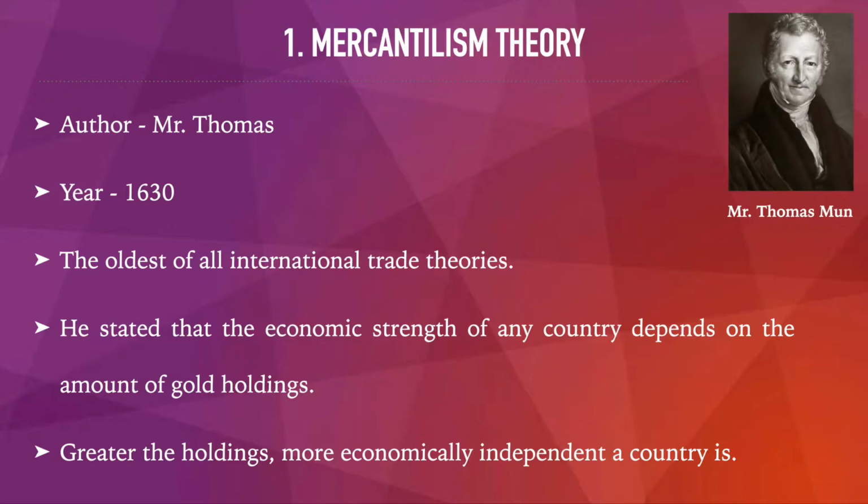I want you to remember for every theory the author who has given it, and the year in which it was proposed. This is the oldest of all the international trade theories, because we just listed 8 different theories, and out of all those, mercantilism was the first theory that was proposed.